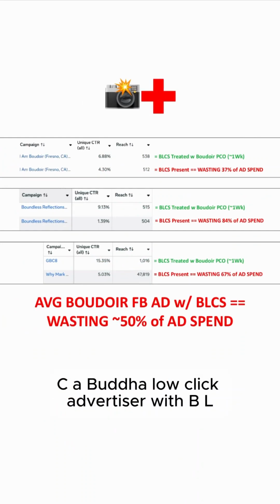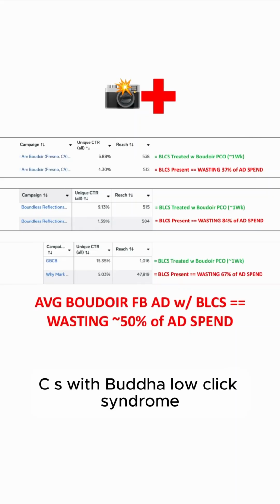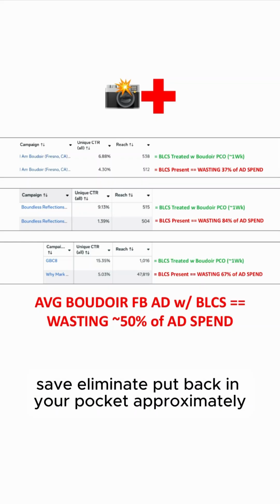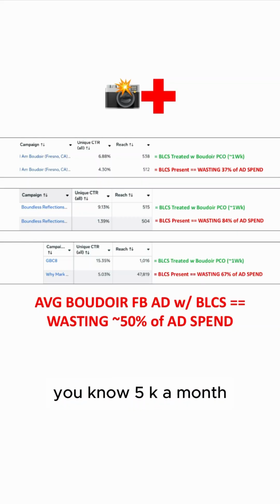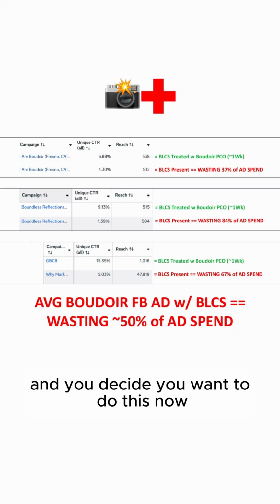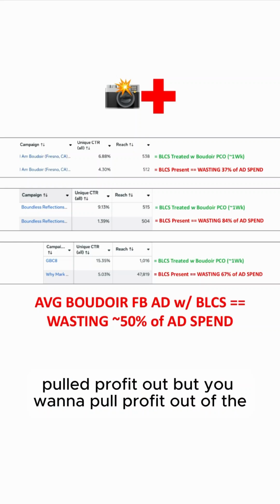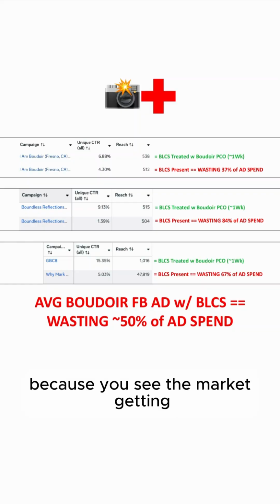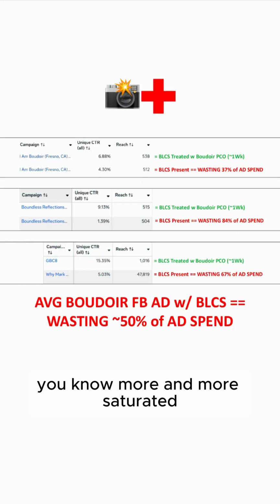All right, so if you're a BLCA, Boudoir low click advertiser with BLCS, with Boudoir low click syndrome, and you're spending more than 10 grand a month on Boudoir Facebook ads, and you want to save, eliminate, put back in your pocket approximately 5K a month, approximately 60K over the next year by eliminating the wasted spend, and you decide you want to do this now because you've optimized other parts of the business, pulled profit out, but you want to pull profit out of the Facebook ads part of your business now because you see the market getting more and more saturated, more boudoir photographers every day.